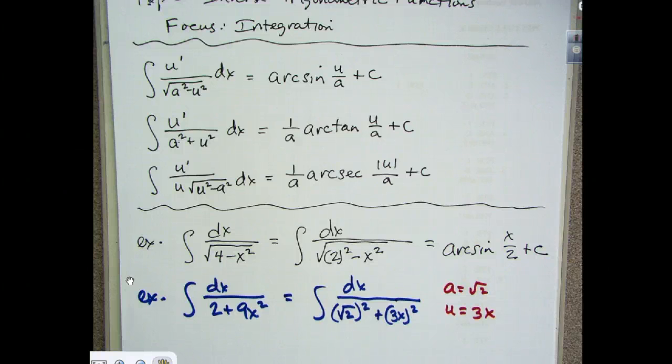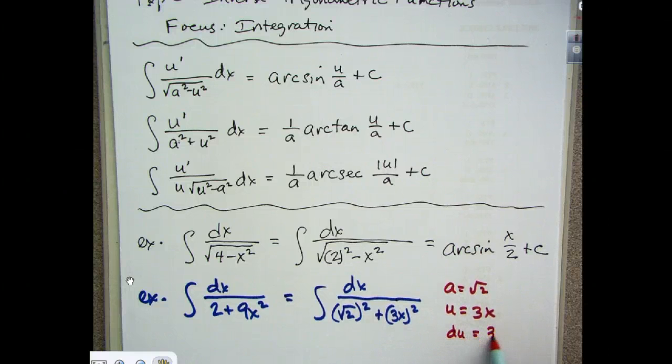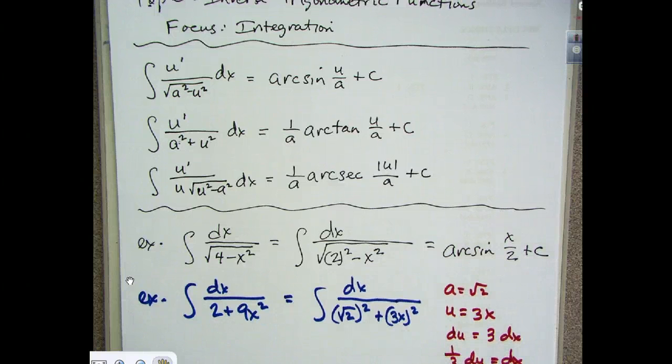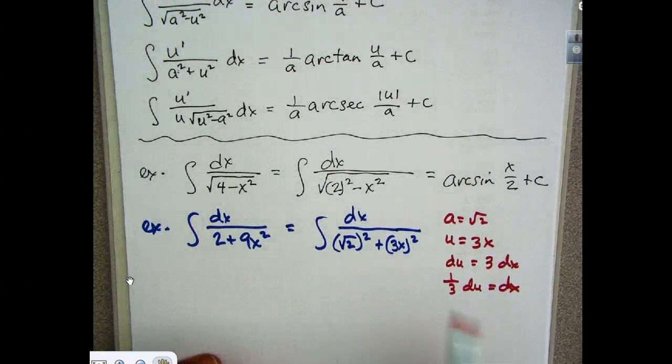So our du is equal to 3 dx, or 1/3 du is equal to dx. So we're going to replace this dx with 1/3 du.